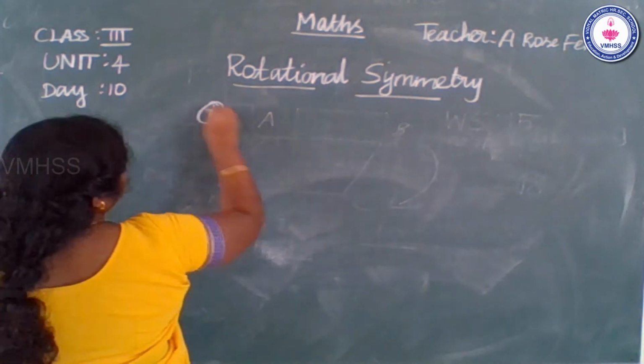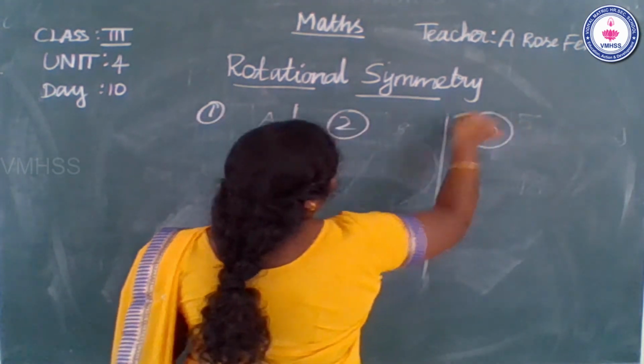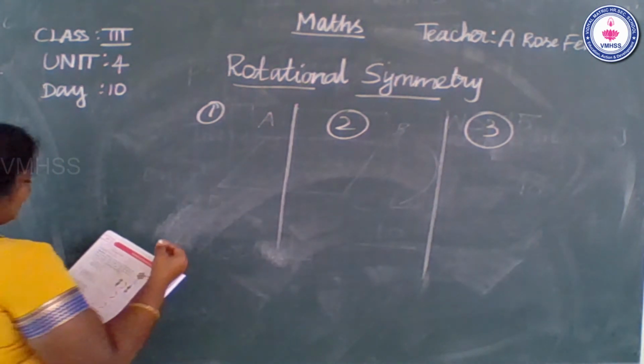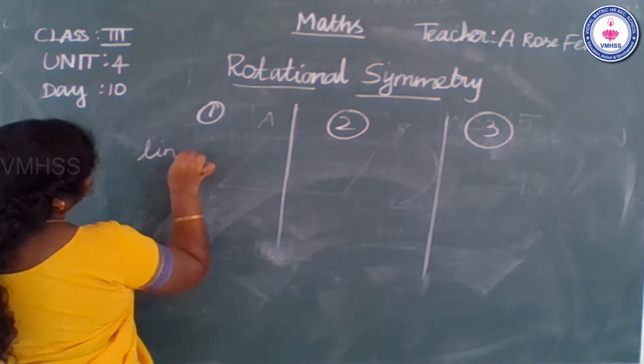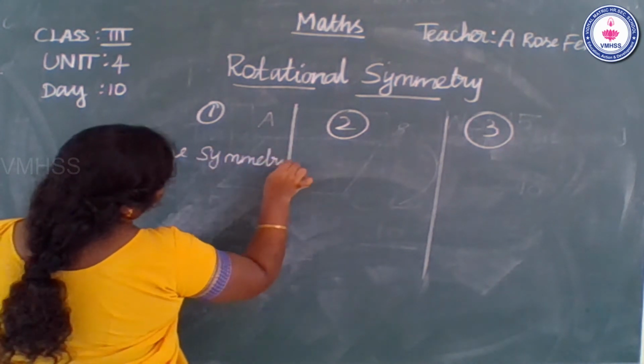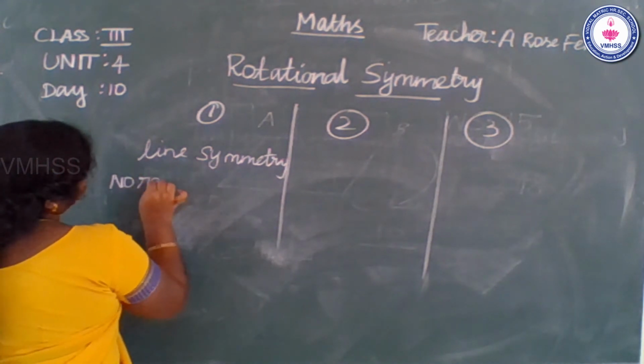Okay, so first picture, second and third. Dear children, listen. So first one, line symmetry, no rotational symmetry.